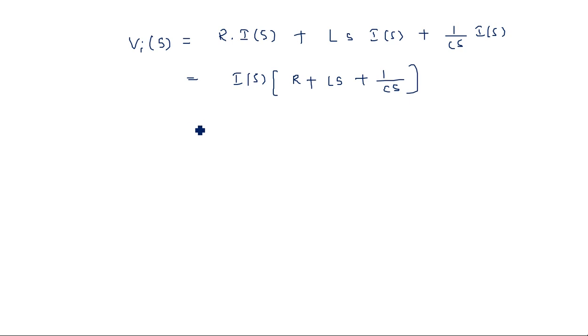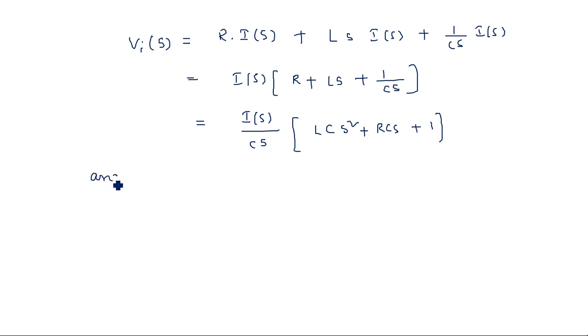More precisely, if you take 1 by Cs as common, then it becomes LC s square plus RCs plus 1. I have taken 1 by Cs as LCM.